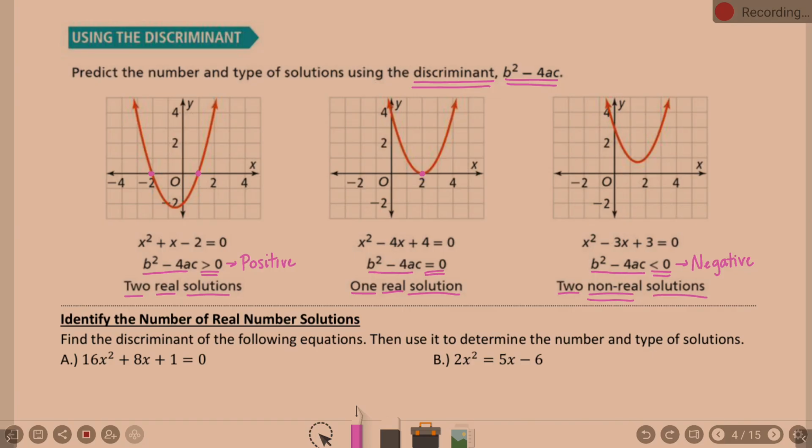Because that number under the square root is negative, you're going to have an i involved, and so we're going to get imaginary answers. Notice, does this graph cross the x-axis? It doesn't. So there's imaginary solutions, but not real solutions. You will often hear, if the discriminant is less than 0 or negative, that there's no real solutions. So 2 imaginary solutions or no real solutions.